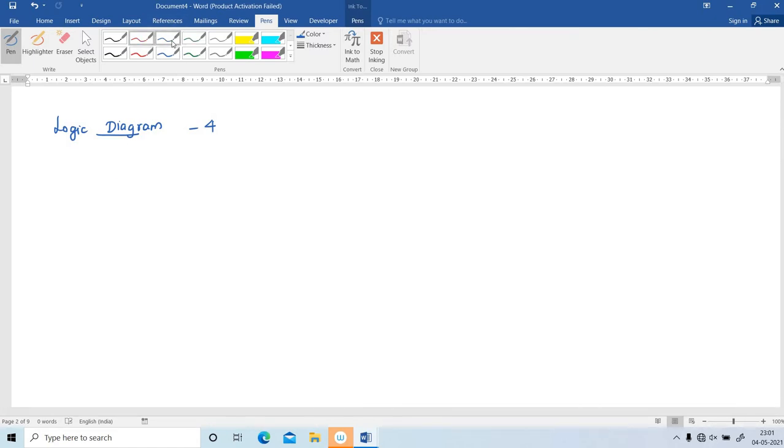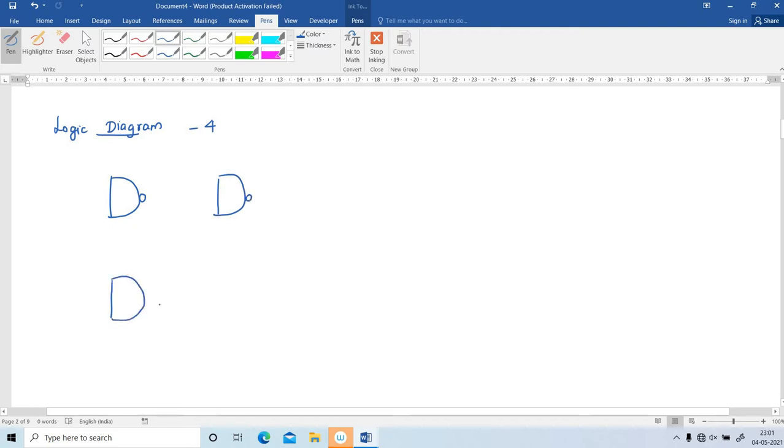Draw the first NAND gate. Next, draw the second NAND gate. Next, third NAND gate. Fourth NAND gate. So I put the numbers for the gates: 1, 2, 3 and 4.